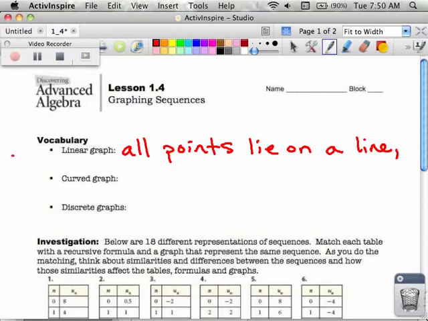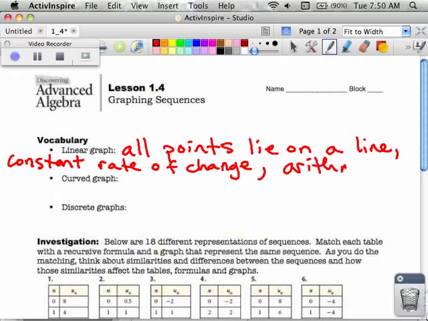And there is a constant rate of change, and the sequence is arithmetic. So you might recall that we did something like this where we said something like u_n equals u_(n-1) plus 5 as an example.